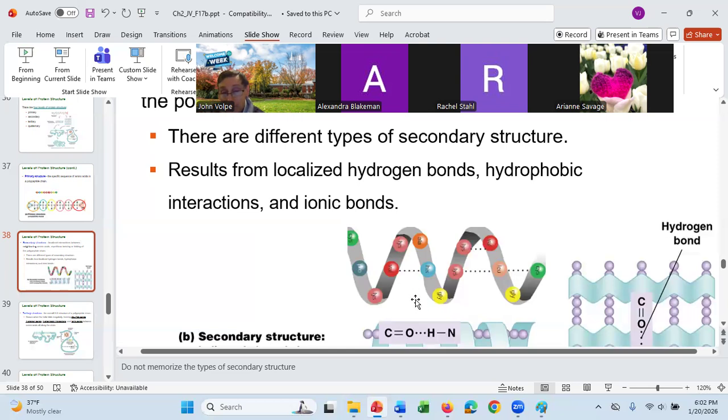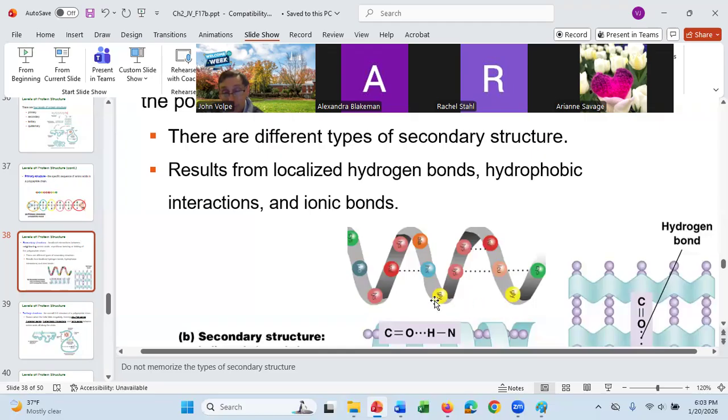You can also have forces of repulsion. Like these are held together by nonpolar attraction, van der Waals forces, this one by an ionic force of attraction, that one by a hydrogen bond. You can also have forces of repulsion. If this one has a positive charge, and that one has a positive charge, they will be repulsed from each other.